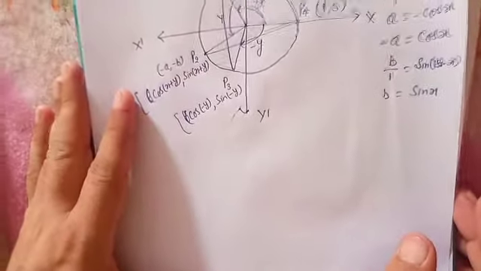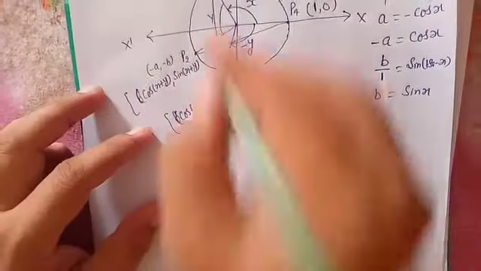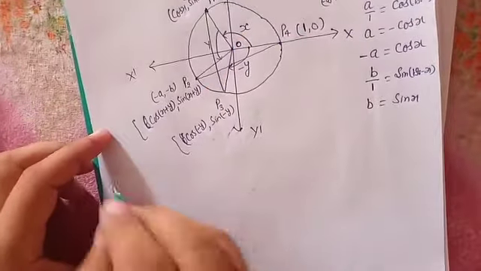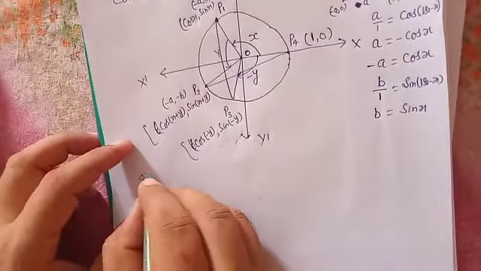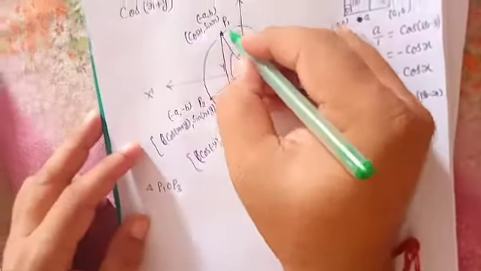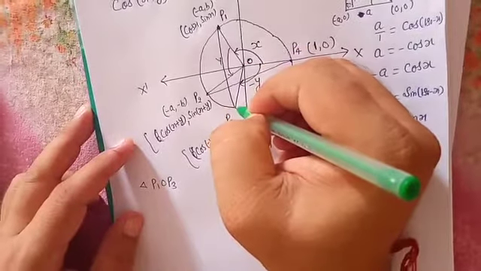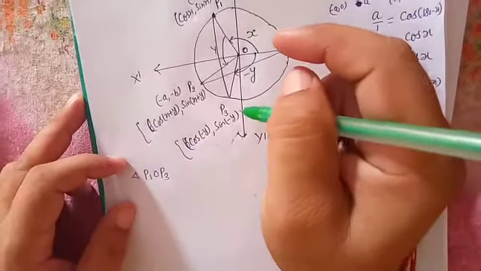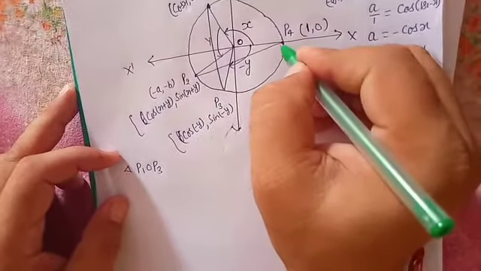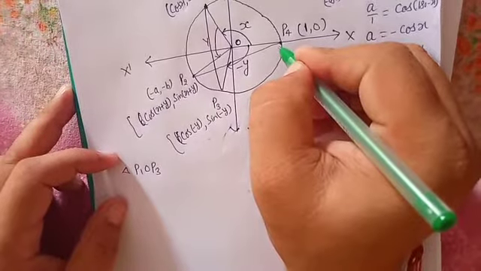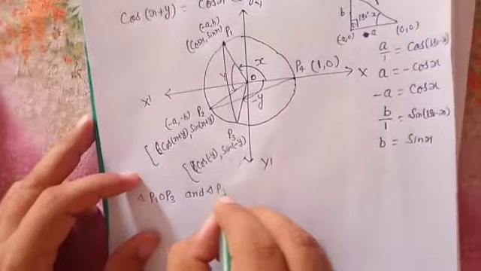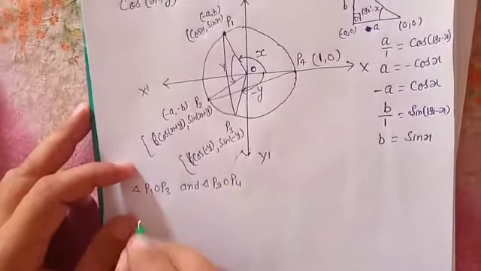So two triangles we can take. This one is named O. Two triangles you can take: triangle P1OP3, and triangle P2OP4.